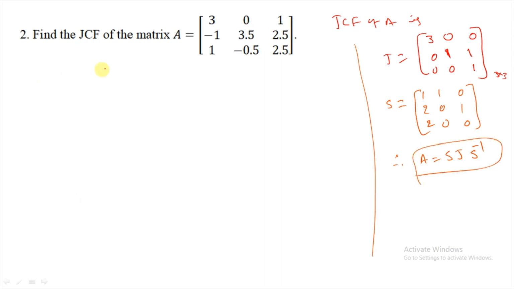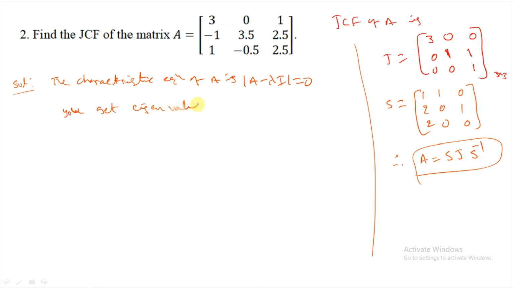Now here is the find the Jordan canonical form of the matrix. First find the eigenvalues. This is the second problem. The characteristic equation of A is determinant of A minus lambda I equal to 0. Now you get eigenvalues lambda equal to 3, 3, 3. Algebraic multiplicity of lambda equal to 3 is 3.